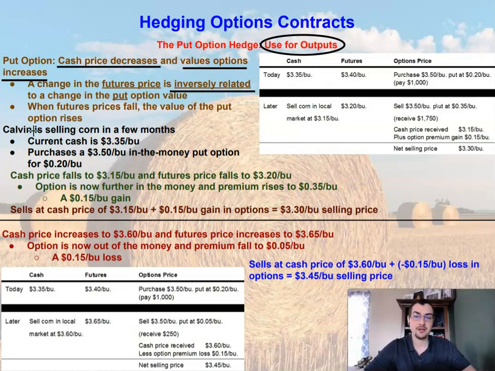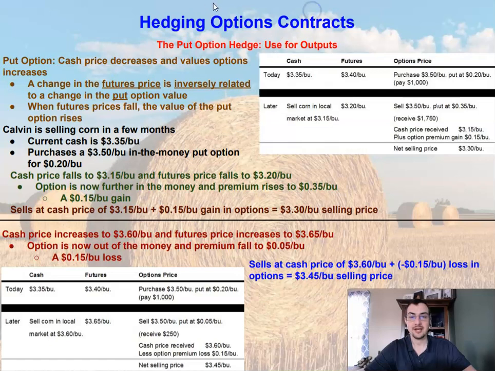So we have Calvin here. Calvin is a corn producer, and he is selling corn in a few months. The current cash price is $3.35. So he purchases a $3.50 in the money put option for 20 cents per bushel.